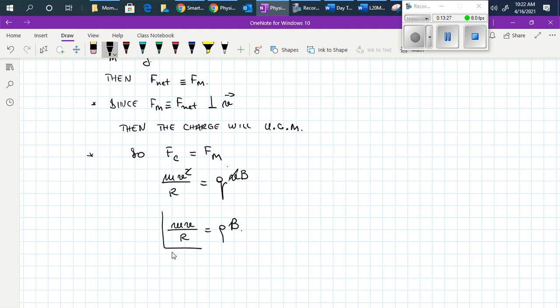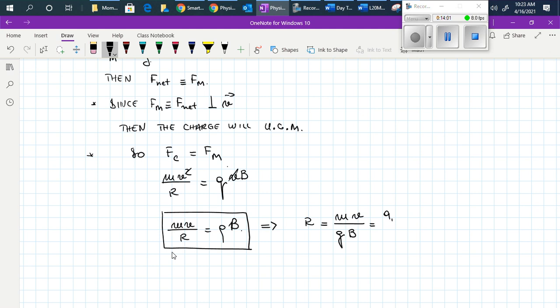This is a relationship that, as I said, takes you probably less than 1 minute to reach. From here, we are looking for radius. So radius will be mv over qB. Now, mass and charge of the electron are not given, but those are part of the constants in your formula sheet.